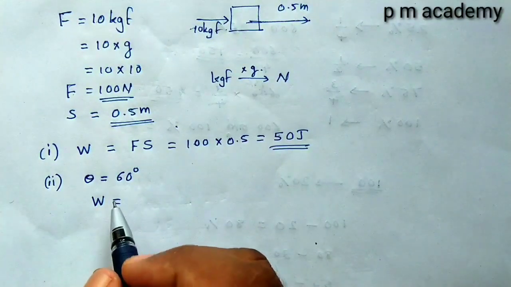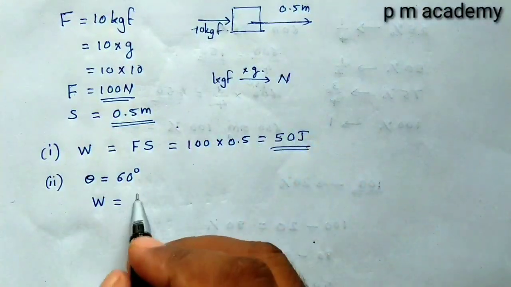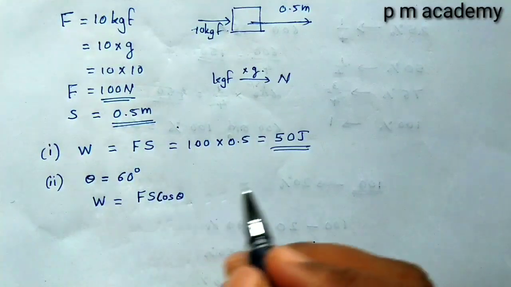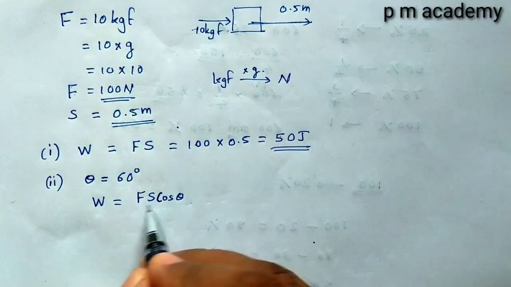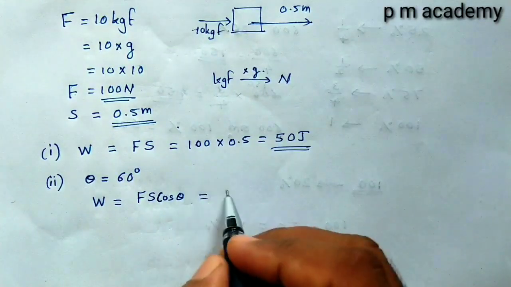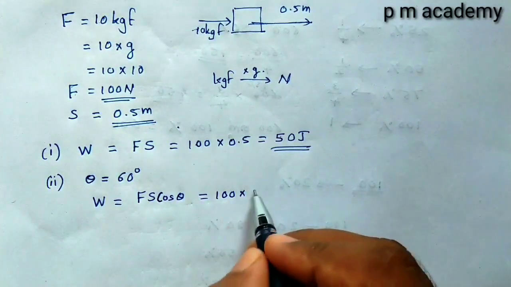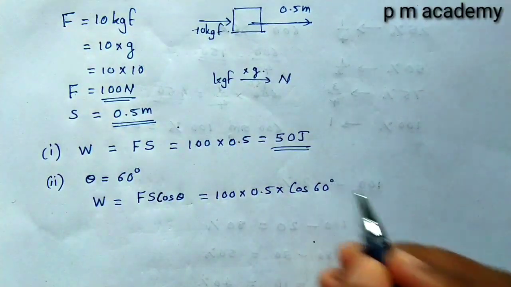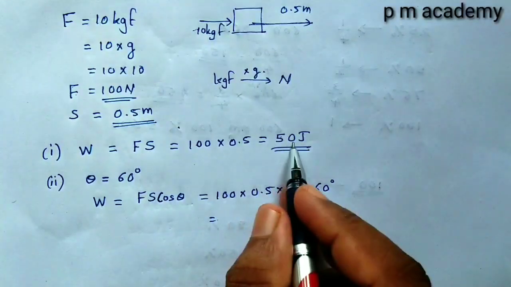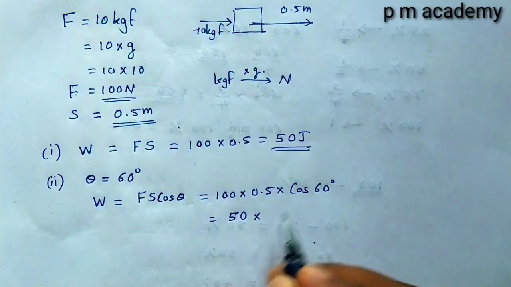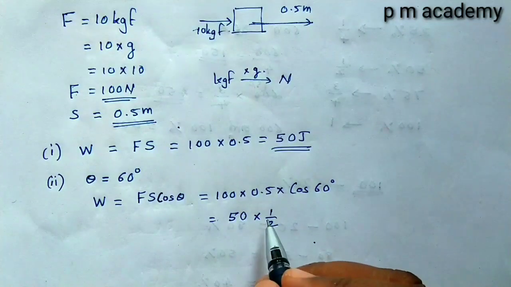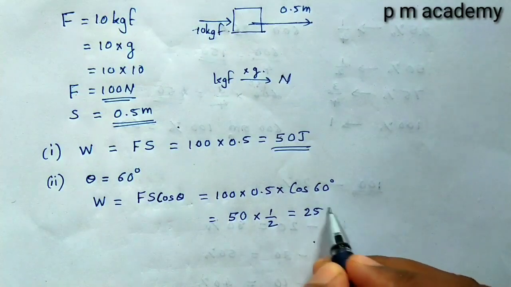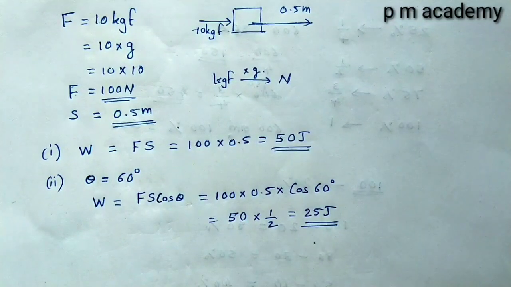If the force and displacement are not acting in the same direction, you know the formula, work is equal to Fs cos theta, where theta is angle between F and S. F is 100, S is 0.5, and theta is 60 degree. 100 into 0.5 we already done, that is 50, into cos 60 is 1 by 2, that is half of 50, that is 25 joule. That is answer of second question.